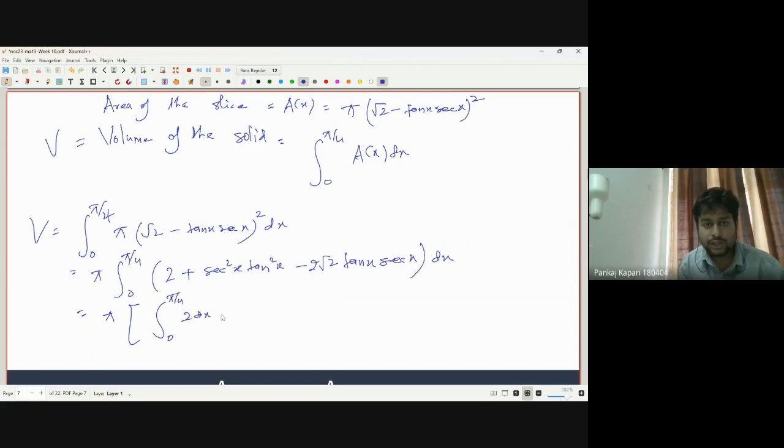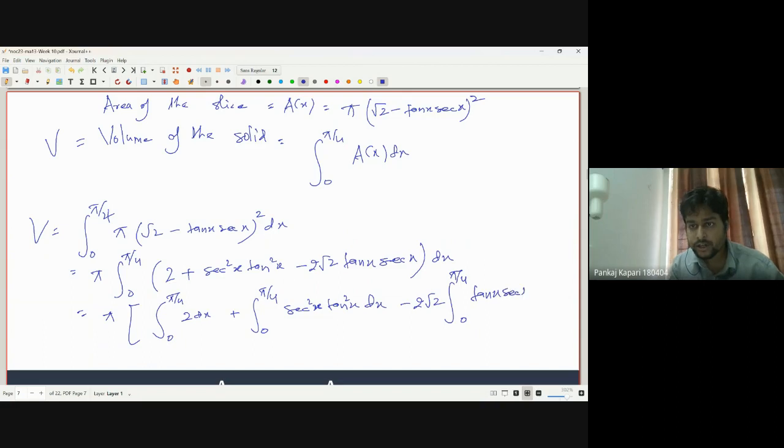So integral of 2 dx, and then plus integral from again 0 to pi by 4 of sec square x tan square x dx, and then minus the integral from 0 to pi by 4 of tan x sec x dx.